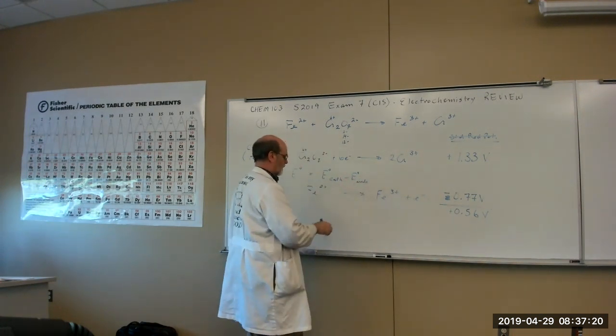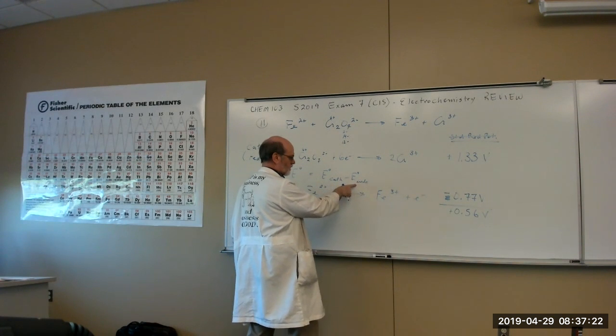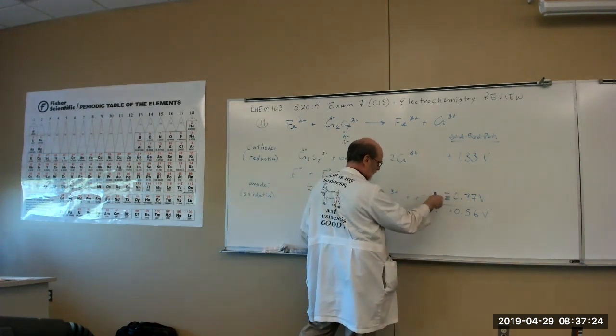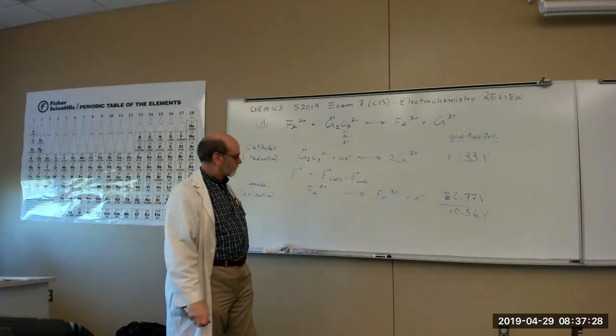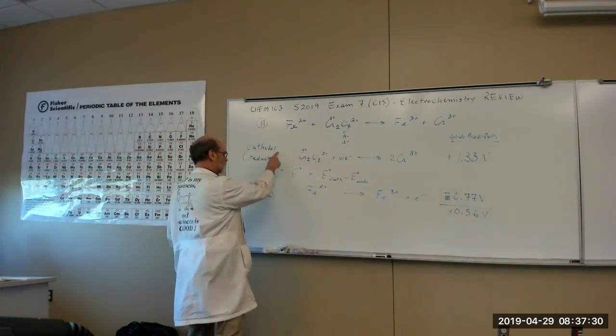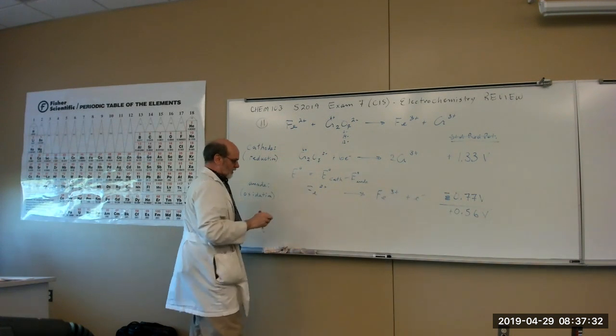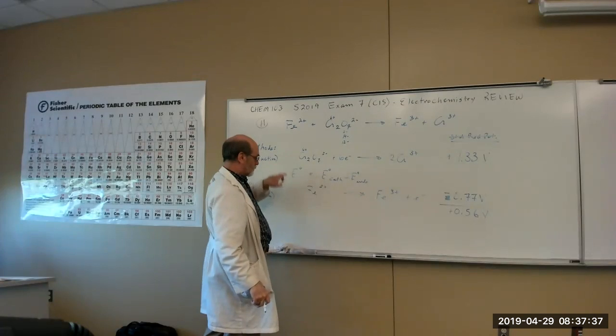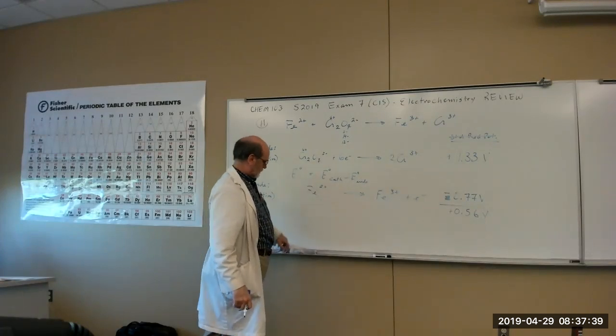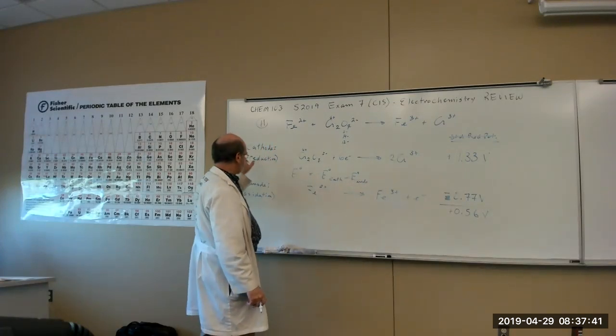And that's what we did. We took the standard potential for this one, took the negative of it, added it to that one, and that's what we got. I like to do it this way when there's time, because this is actually what's going on. This is just a formula that's derived from this truth. And this keeps you honest.